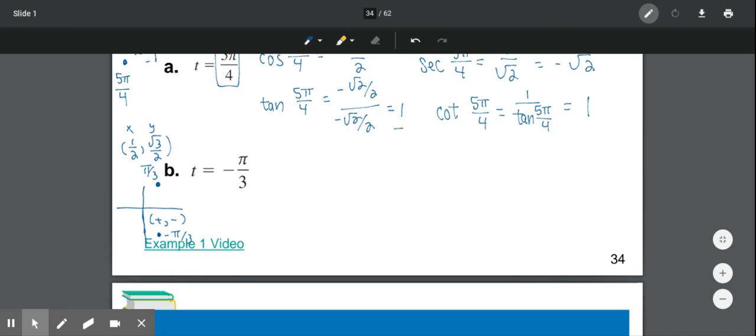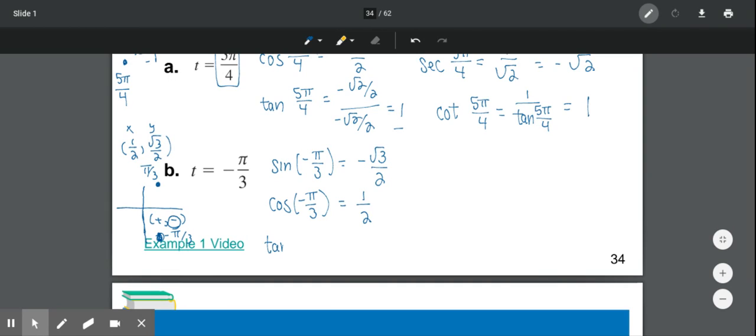So when we go through this and come up with our 6 trig functions, our sine at negative pi over 3, so our y value down here at negative pi over 3, is root 3 over 2, but we know our y value in that quadrant needs to be negative. So we need negative root 3 over 2. Our cosine of negative pi over 3 is the same thing as our cosine at pi over 3 because the x is still positive. So we would say that's 1/2.